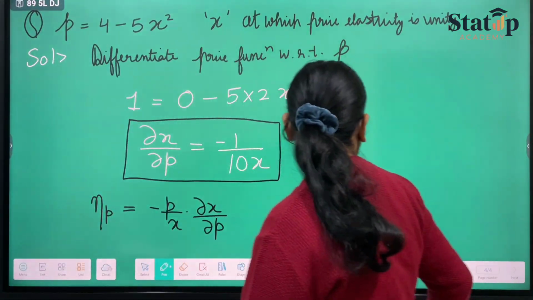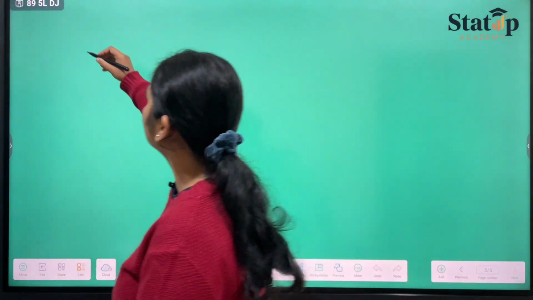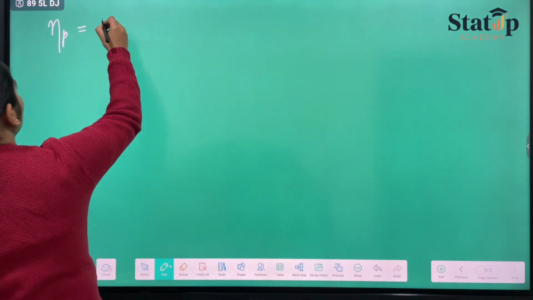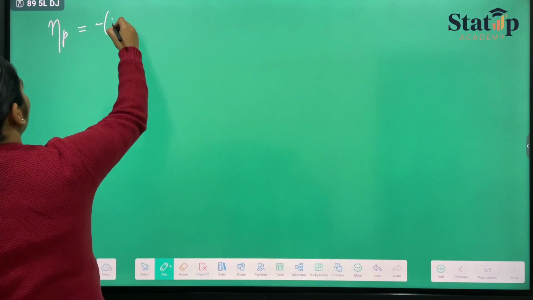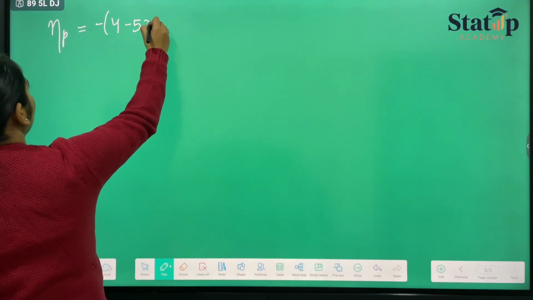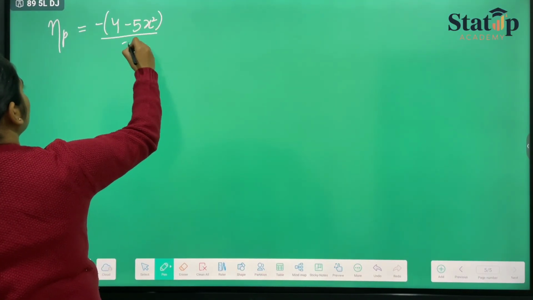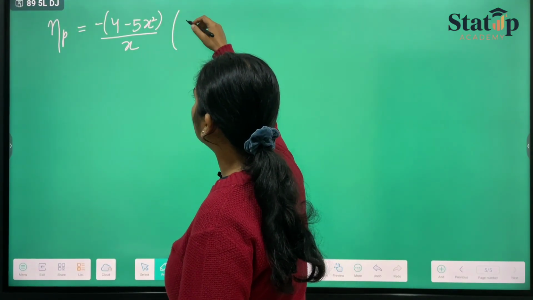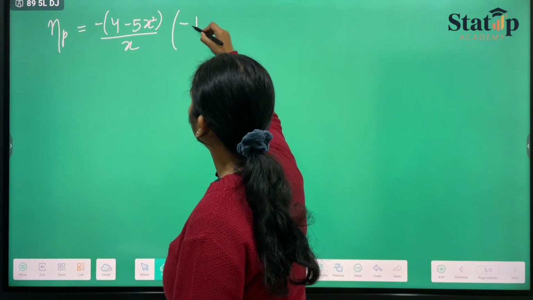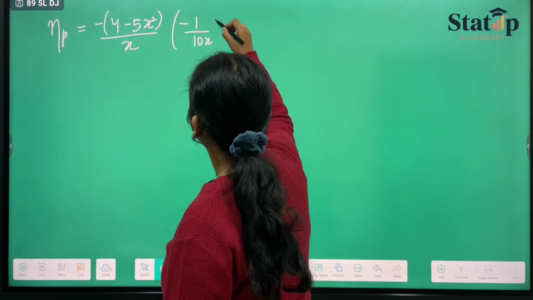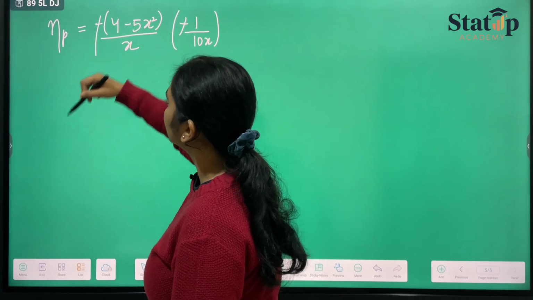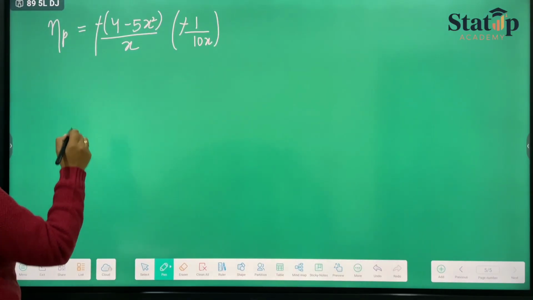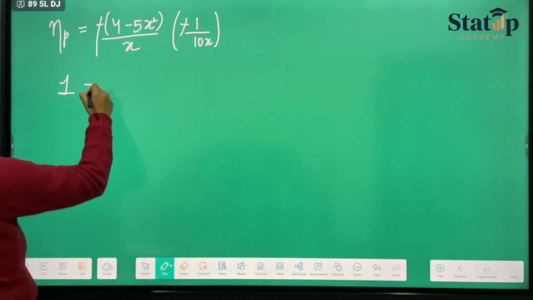Just putting in the values of p upon x, eta p can be written as minus p upon x. Minus p is 4 minus 5x square upon x, and delta x upon delta p was minus 1 upon 10x. Here minus and minus gives plus, so eta p is unity, so it will be 1.